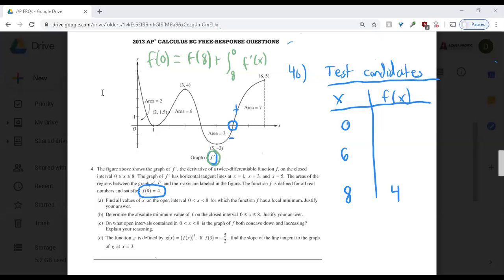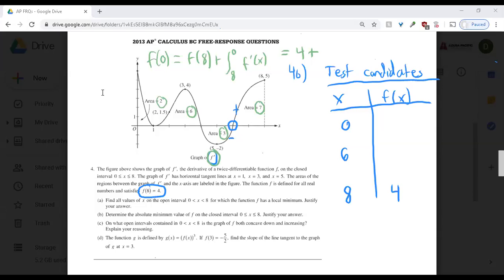So this is going to equal, f of 8 we know is 4, plus the integral from 8 to 0. This is going to be 7 minus 3 plus 6 plus 2.